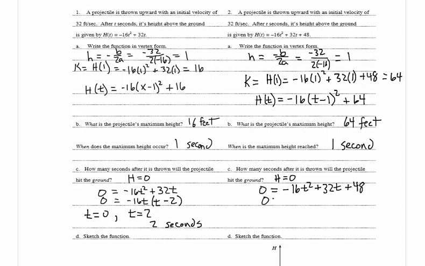And then we have 0 is equal to, and I'm going to factor out a negative 16, so I have negative 16 times t squared minus 2t minus 3. So now 0 is equal to negative 16 times t minus 3 times t plus 1. So our projectile hits the ground at 3 seconds.